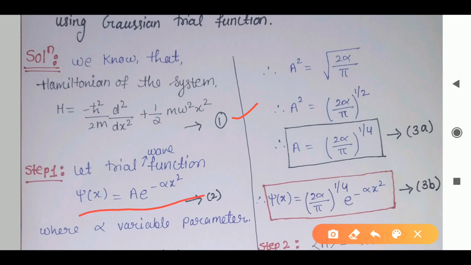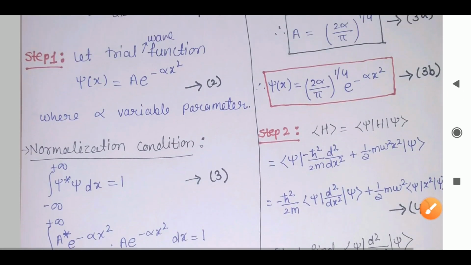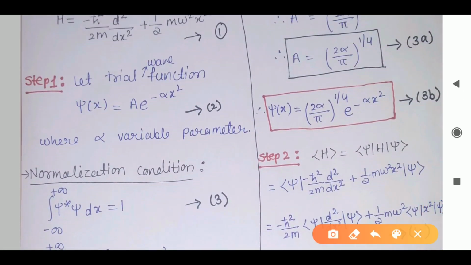Now here, as I told you, in this Gaussian trial function, this alpha is known as the variable parameter. After this, first we have to find the value of this a.